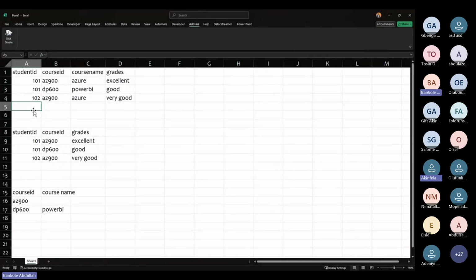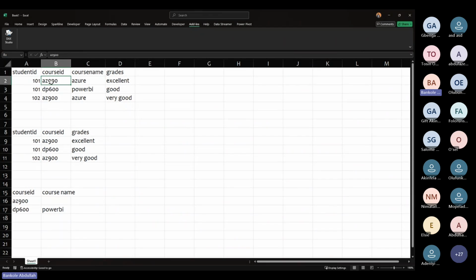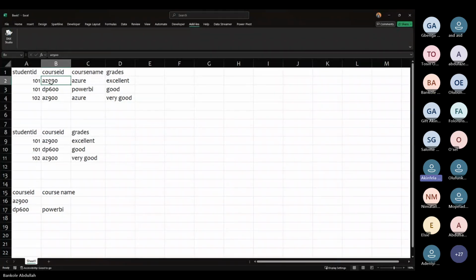Are you still following me? We could have had the course IDs as well. AZ900 is the name of a course, an introduction to Azure, an exam in Azure, right? Yeah. So that is another table entirely, isn't it? Sure.